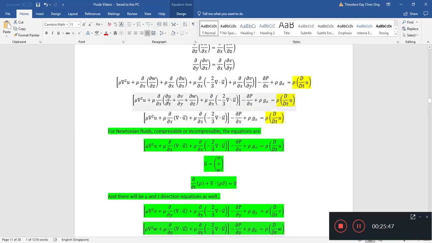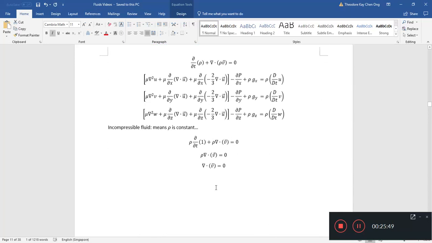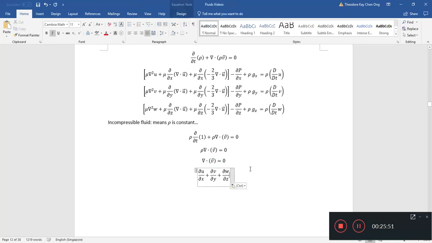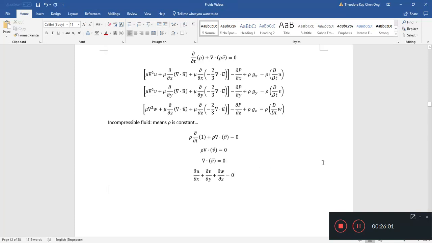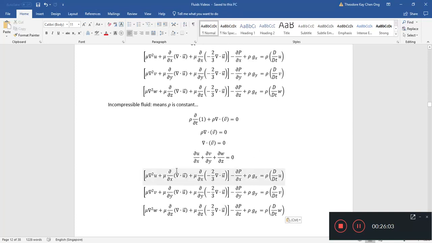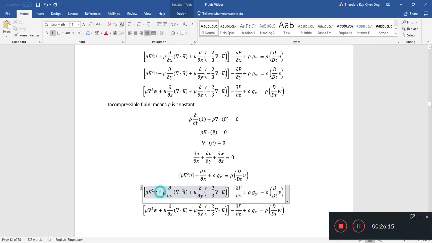It means these three terms, del x, del y, del z, equals 0 for incompressible fluid. And then look at what it means for our momentum equations. This is 0 because divergence of velocity is 0. This is 0, divergence of velocity is 0, which means good news, we can cancel more terms. Boom.